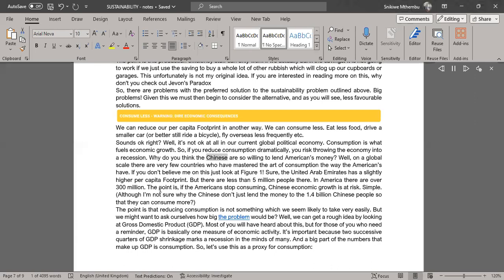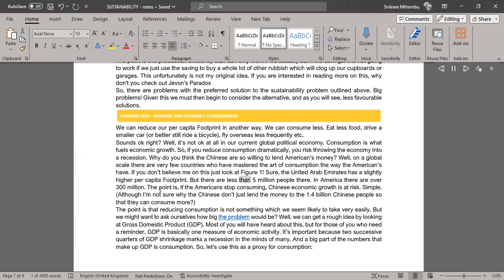Why do you think the Chinese are so willing to lend Americans money? Well, on a global scale there are very few countries who have mastered the art of consumption the way the Americans have. If you don't believe me on this, just look at figure 1. Sure, the United Arab Emirates has a slightly higher per capita footprint.